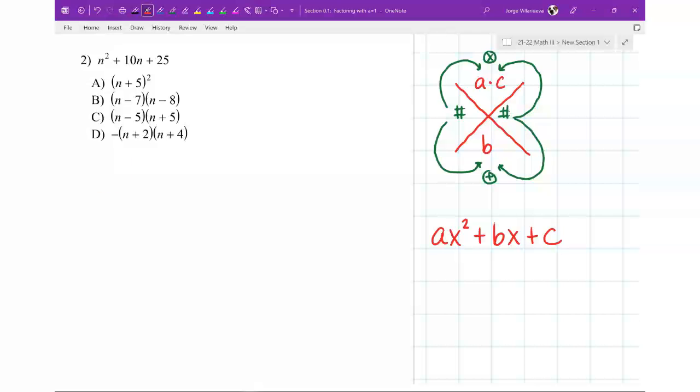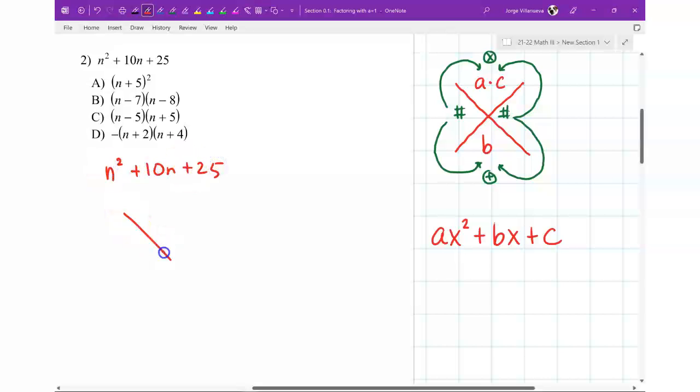So I'm just going to rewrite it, n squared plus 10n plus 25. Now I'm going to go ahead and make this x here. Now my a term, just to kind of write them right here, my a term is 1, my b term is 10, and my c term is 25. So I'm just going to put some little notes on the side right there, right?